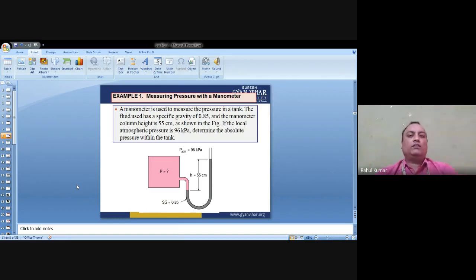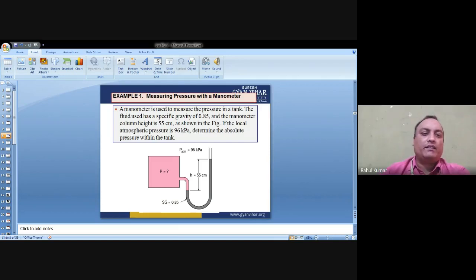The fluid used has a specific gravity of 0.85 and the manometer column height is 55 centimeter as shown in the figure. If the local atmospheric pressure is 96 kilopascal, determine the absolute pressure within the tank.